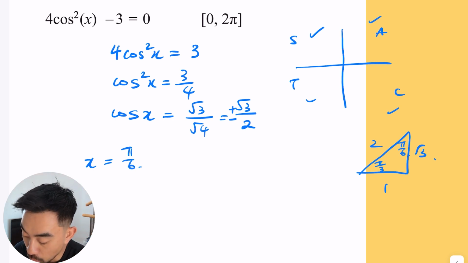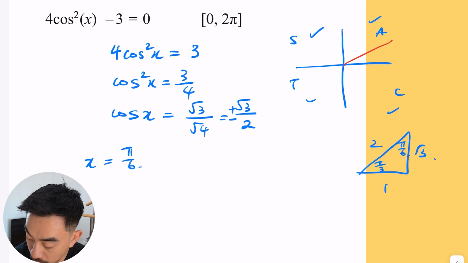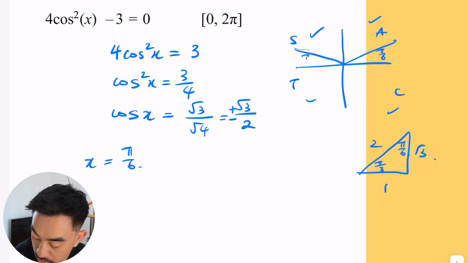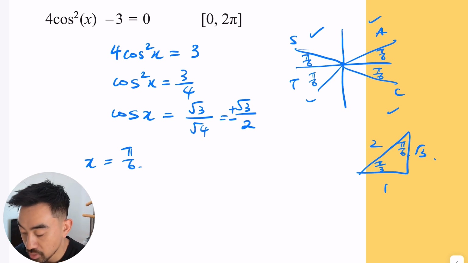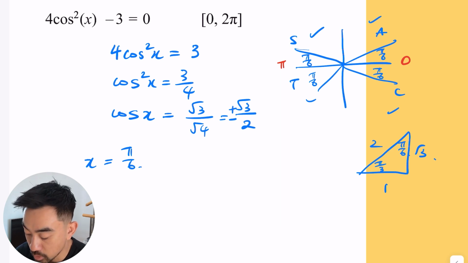Okay, so I want to put in all my values. So here I've got pi on 6, pi on 6, pi on 6, and pi on 6. And I need to include all those solutions. Now here's where it really helps just to put your values in going around the circle. So 0. Now this is normally pi, but because we have a denominator of 6, I'm going to make it 6 pi on 6. And then all the way around the revolution will be 12 pi on 6.